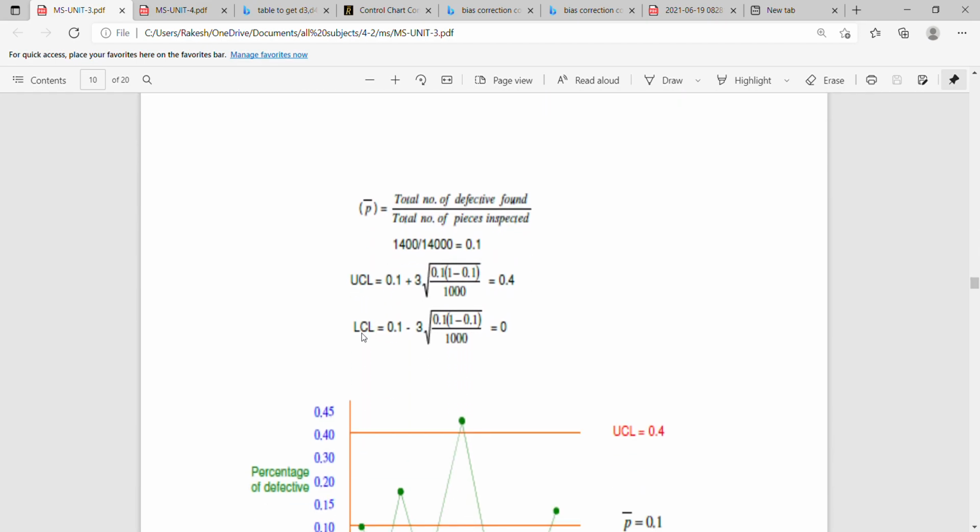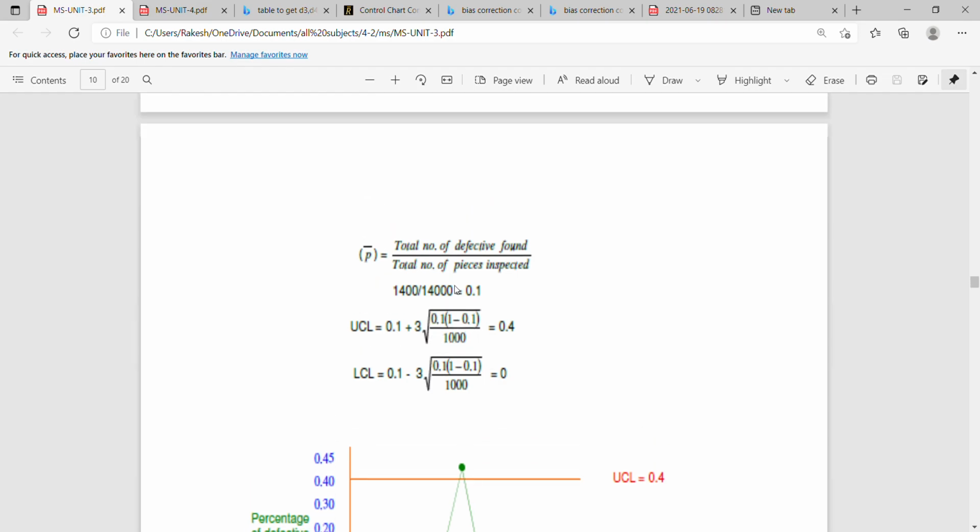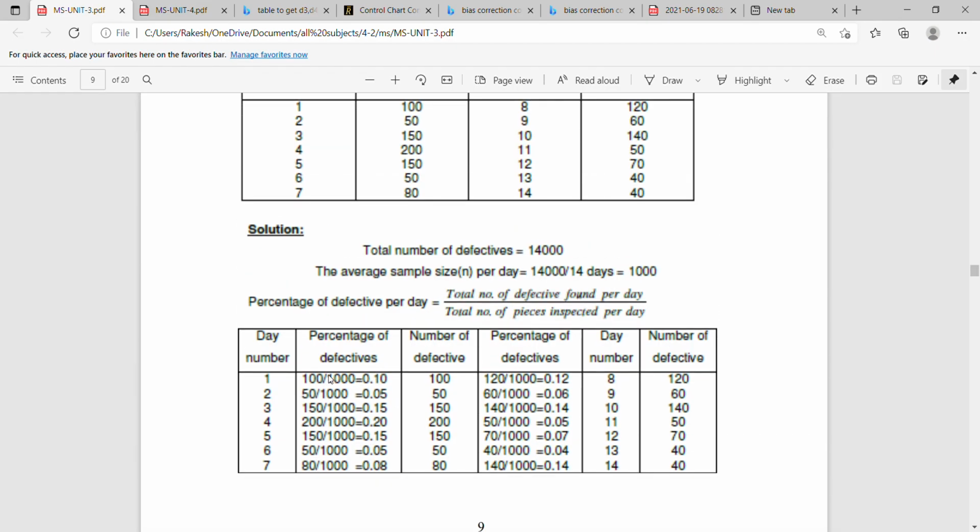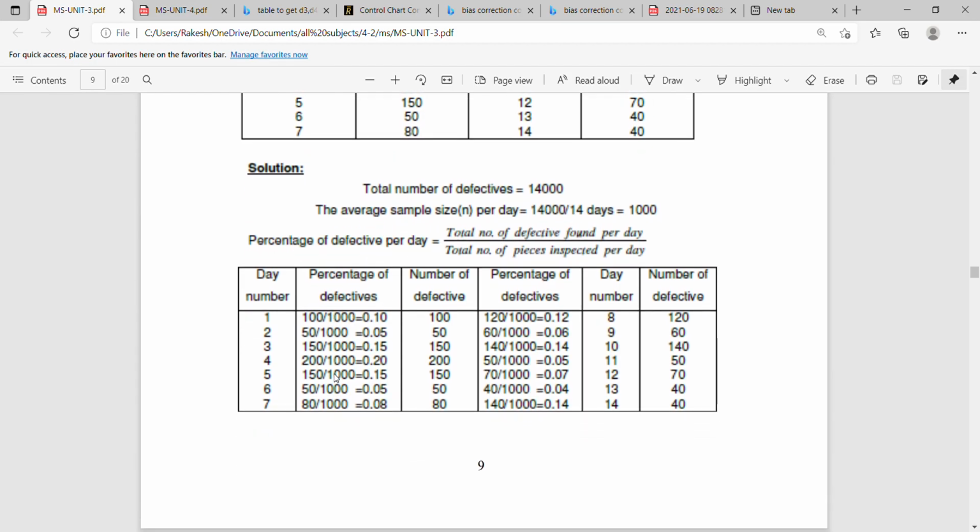And coming to the UCL and LCL, upper control limit and lower control limit, as I already said, the formula is p bar plus or minus 3 times the square root of p bar into 1 minus p bar by n. N means the number of samples per day, which as I already said is taken as 1000. Since for 14 days we have 14,000 samples, we take n as 1000.